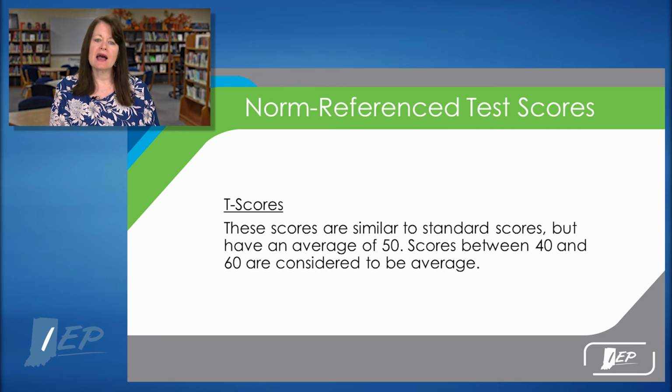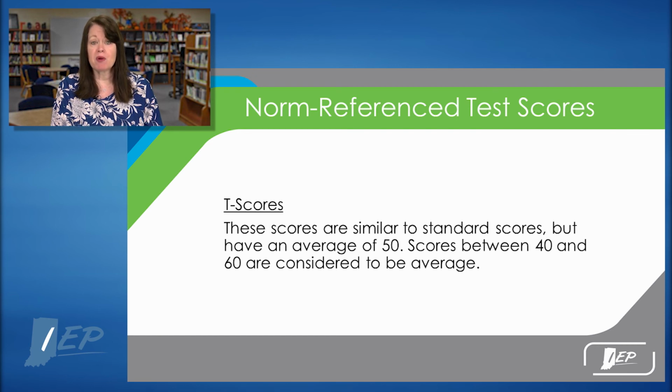So as we look at a T-score, if we have a 50 on a T-score, then a similar conversion would be 100 on a standard score. Now think about this from the framework of a parent or a teacher reading a report where you've just gone over some information and said, you got 100 on this, and that was great, that was within the average range, and suddenly we shift to a new test and you got a 50.